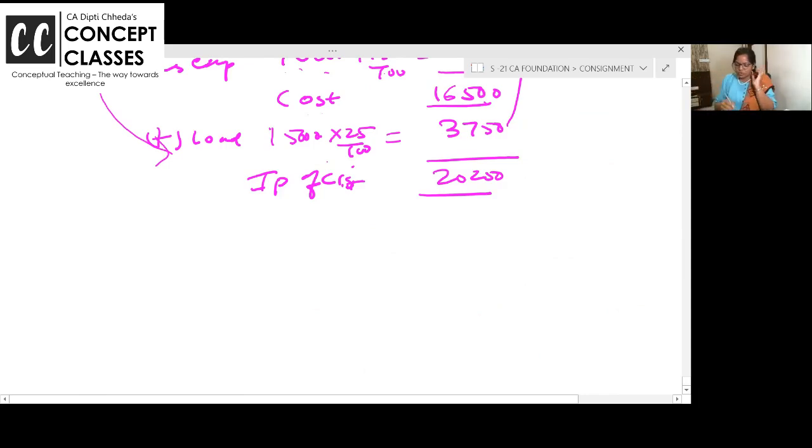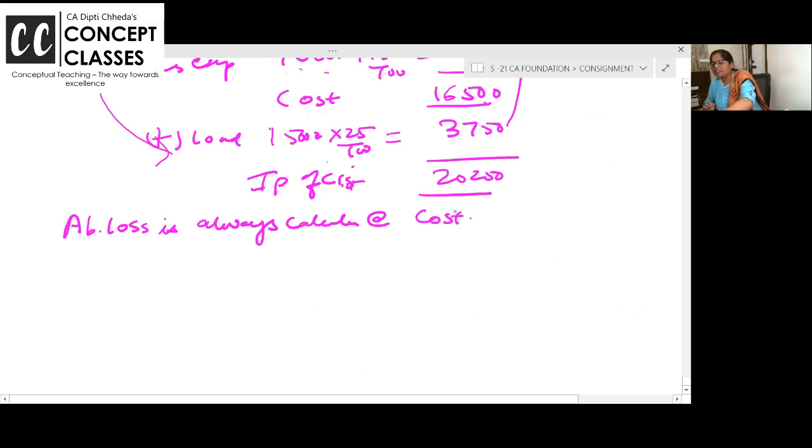But one thing you should remember, we will write it later in booster notes: abnormal losses are always calculated at cost. At cost, never at invoice price. Just imagine, why would an insurance company reimburse you at invoice price? Isn't it very sick? Why would anyone reimburse you?